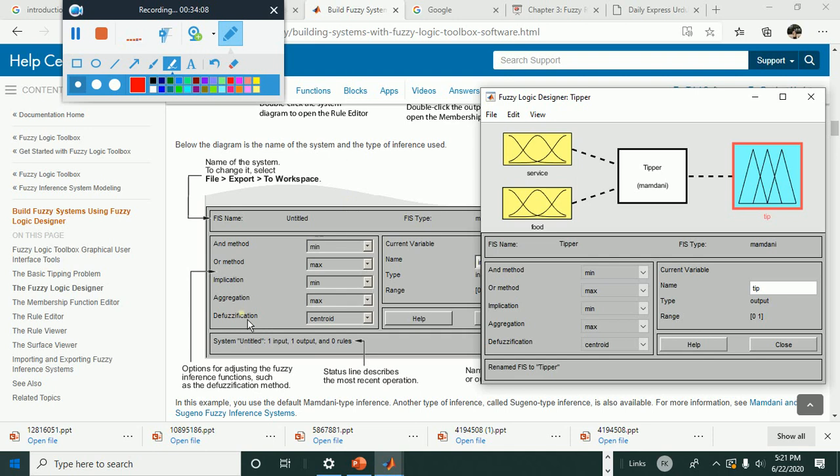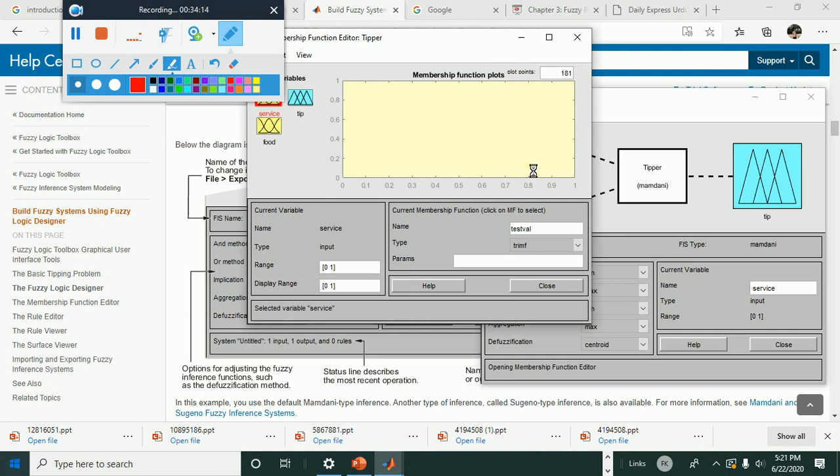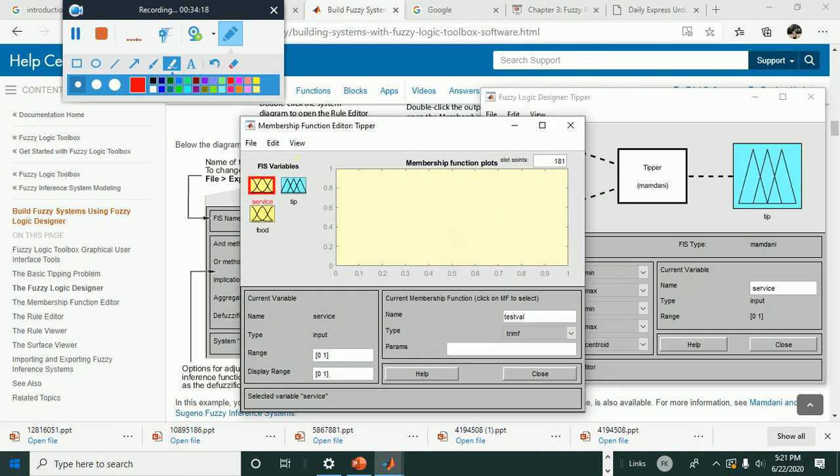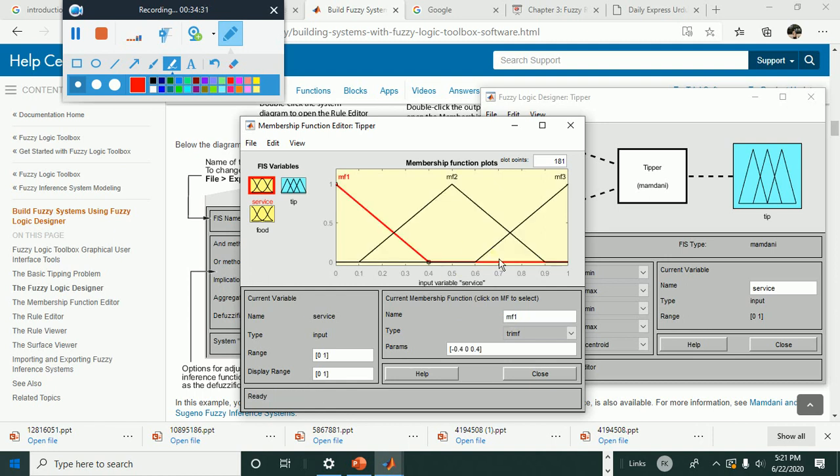Now we will give the inputs by double clicking on the service. Now we will be able to give the inputs.